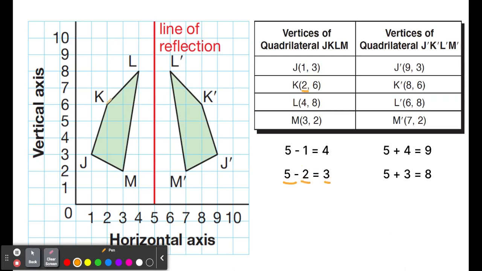So we know K must be 3 units away from the line of reflection, and counting does verify that. So we take that information. We're going to start at the line of reflection at 5. Then we're going to add those 3 units because we know K prime has to be the same distance away from the line of reflection as K, and that gives us 8, which is our new x-axis value for the image vertex K prime.